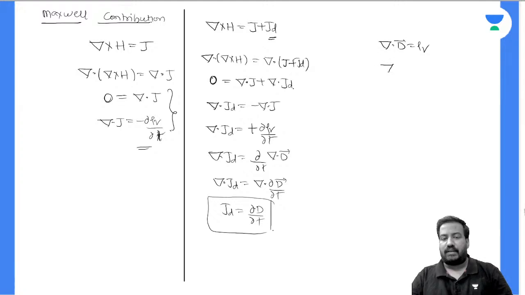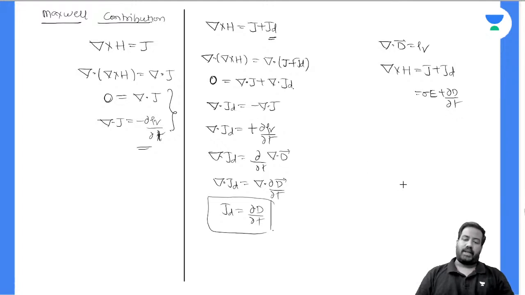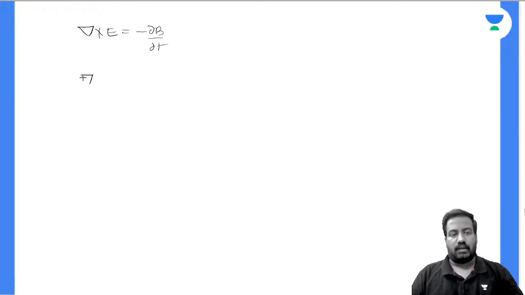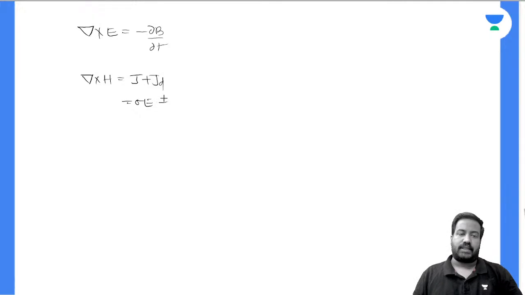From this, the final equation is del cross H is equal to J plus JD, where J is conduction current density given by σE and JD is displacement current density given by ∂D/∂t. So from these two Maxwell equations, from Faraday's law we got del cross E is equal to minus ∂B/∂t, and from Maxwell's contribution we got del cross H is equal to J plus JD, or del cross H is σE plus ∂D/∂t.